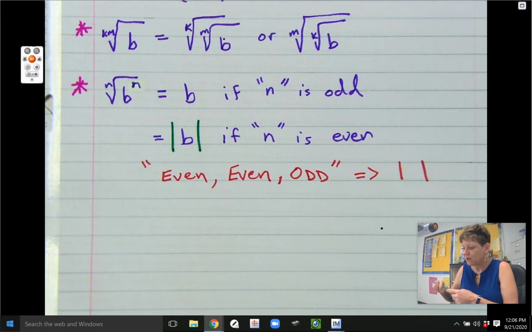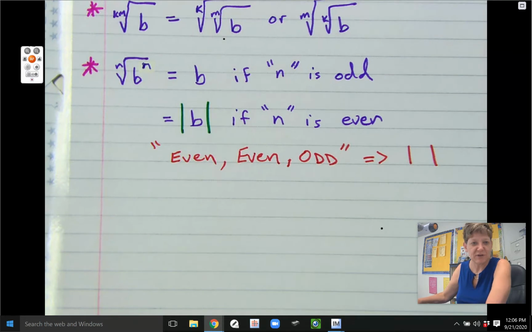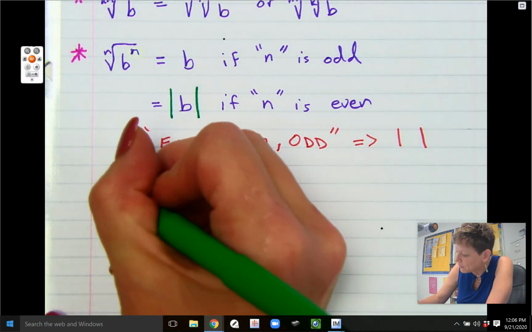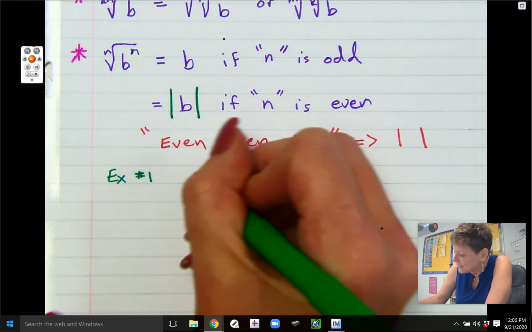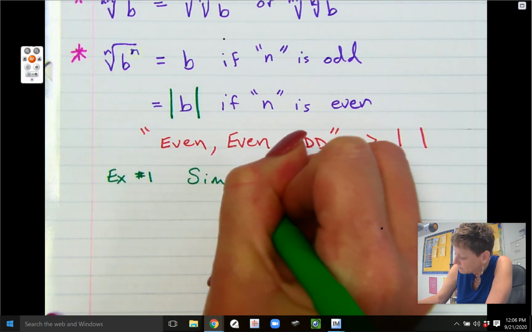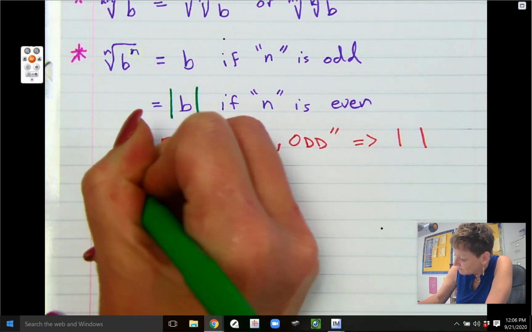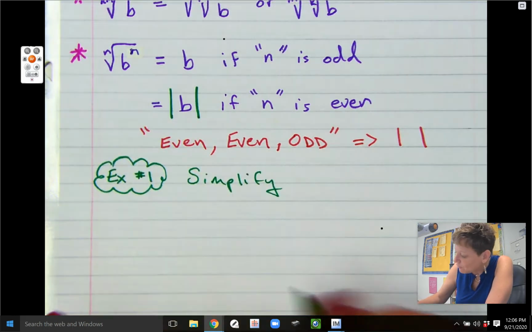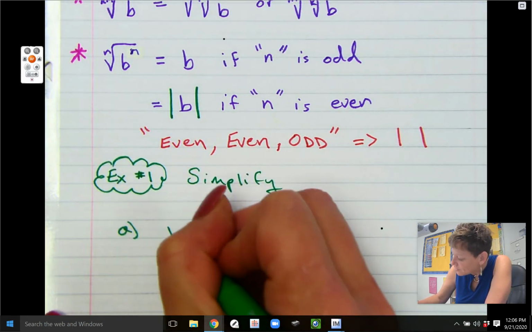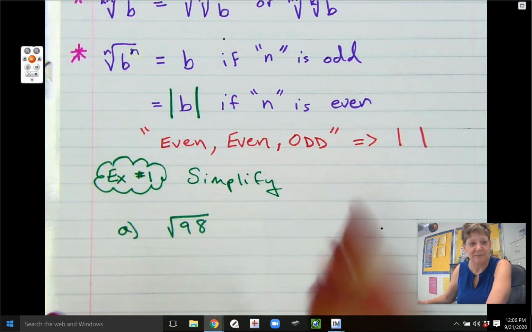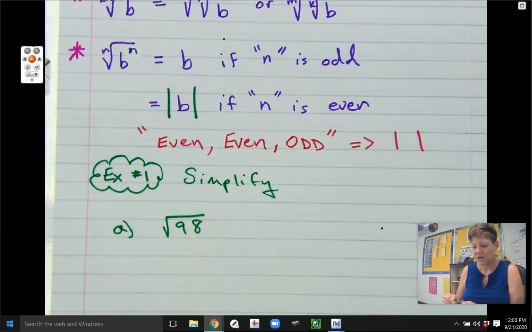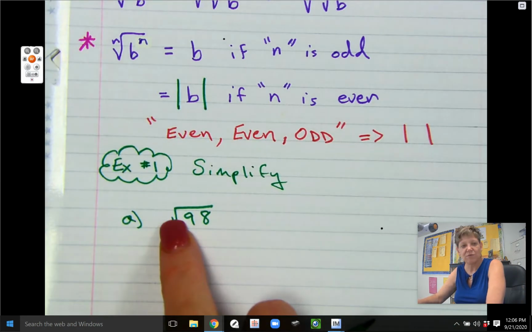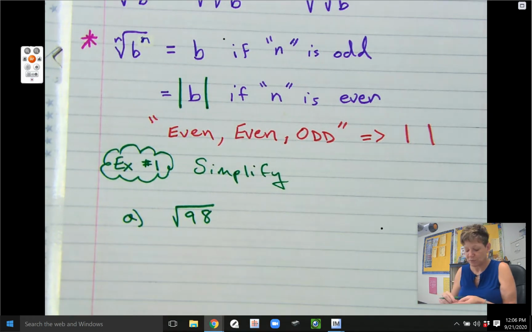Okay, example number 1. We're going to do quite a few parts for example number 1. So we're going to simplify. And for part A, we're going to simplify the square root of 98. So when it's a square root, you need to be thinking in terms of perfect squares.